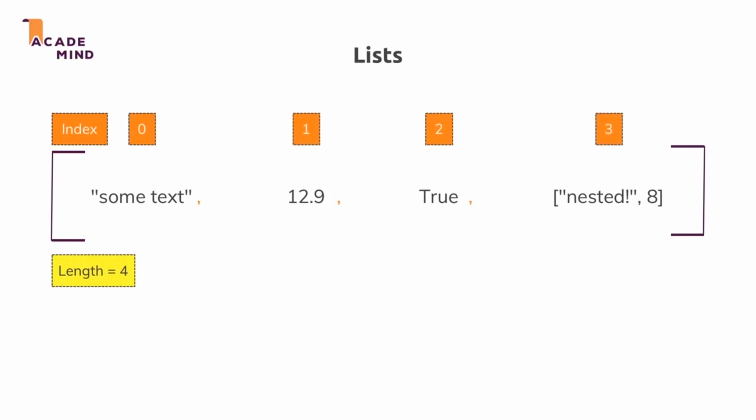So we got 0, 1, 2, 3. We got 4 values, but the first value has an index of 0. Therefore, the last value in this case has an index of 3. And accessing values by their index is actually super simple. We take the variable name in which we store the list. Let's say it's my list. And then we use square brackets and the index to output or to access the values stored at this index. So in this case, it would be some text.